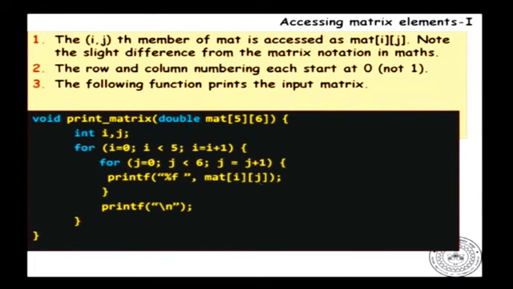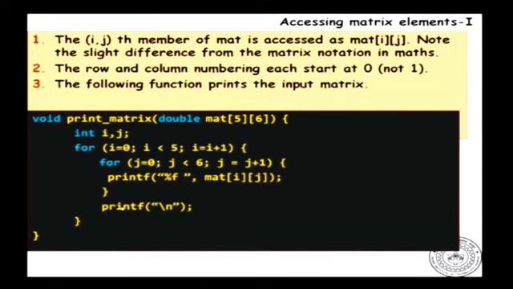One more thing that is worth noting is that even though you had a double matrix, you still print it as %f, as though you were printing a float, and the language will take care of printing the double precision. So, here is the loop to print the columns of a row.